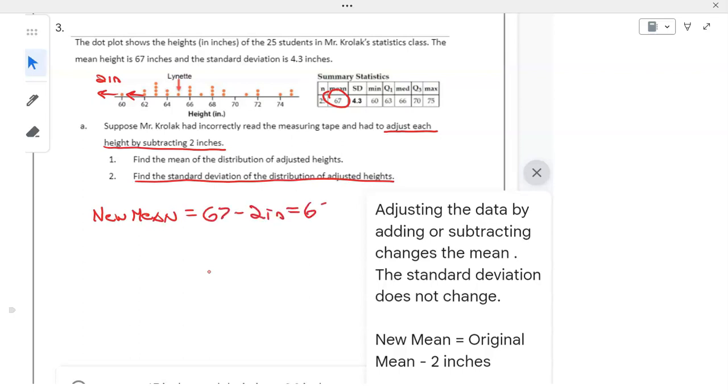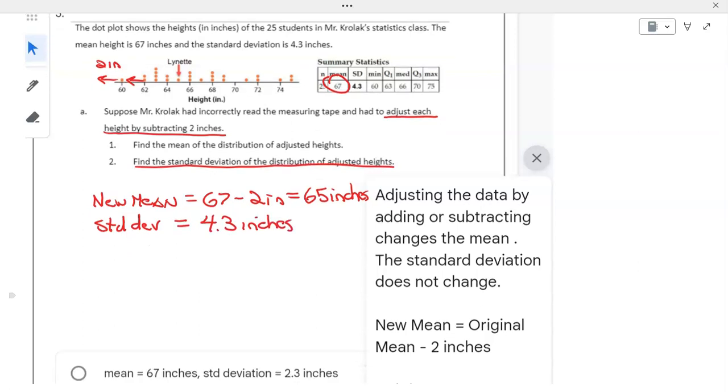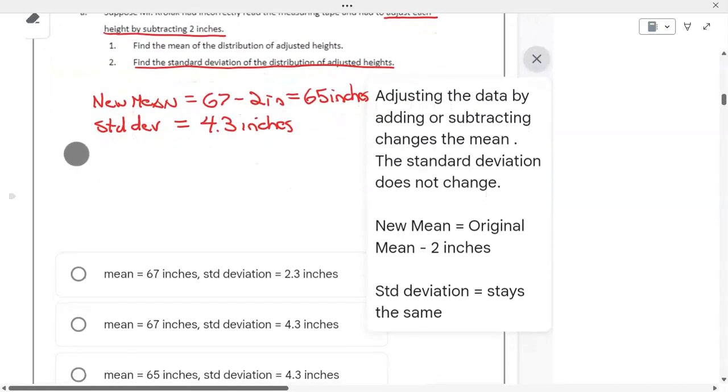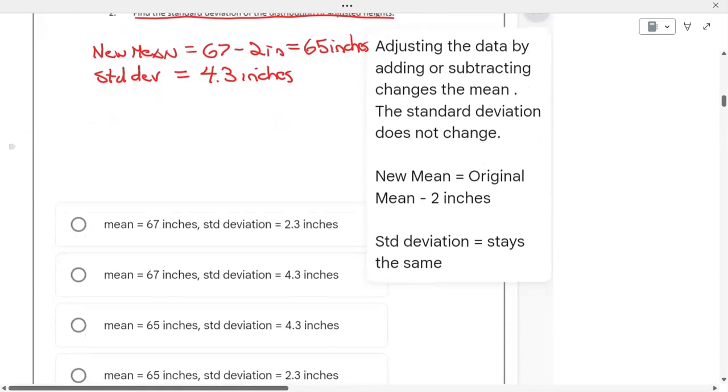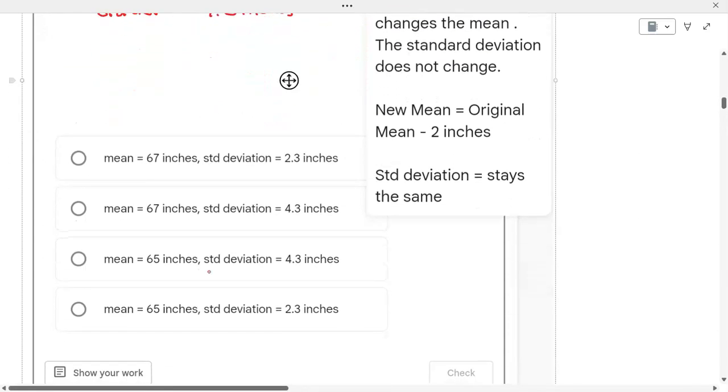So the new mean is 65 inches. Now everything is moving 2 to the left, so the spread doesn't change. And that's our standard deviation, that's the spread. So it stays 4.3 inches. So our new mean is 65 and the standard deviation stays 4.3.